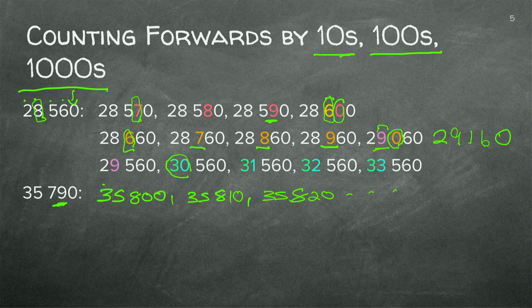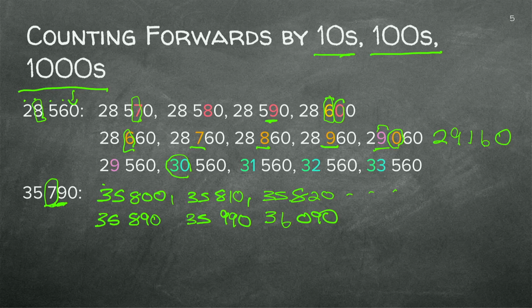If we do 35,790 and we count forward by 100, we're going to do 35,000, I'm waiting to hear, yes, 890, 35,990, 36,090, and we continue from there.